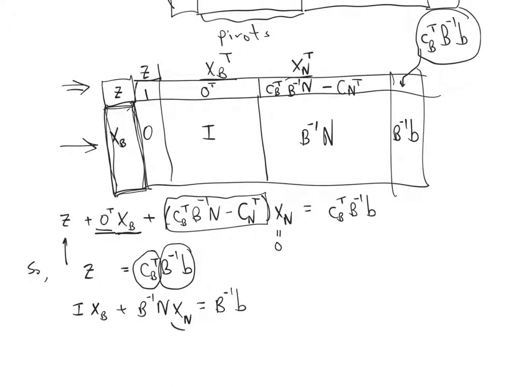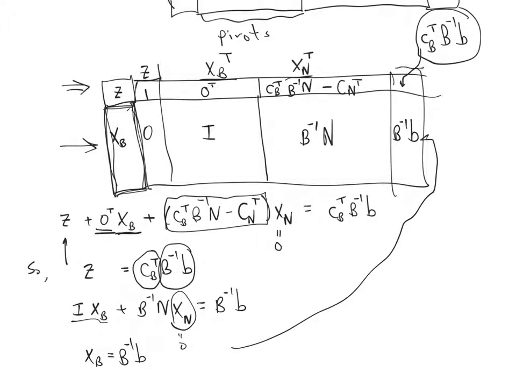So if XN is 0, and the identity times anything is itself, it just says the basic variables are equal to this. So when you look in the tableau, this right-hand last column is really important. The upper right corner number tells you the current value of the objective function, and these guys tell you the current value of the basic variables. And you know the current value of the non-basic variables because they're always forced to be 0.